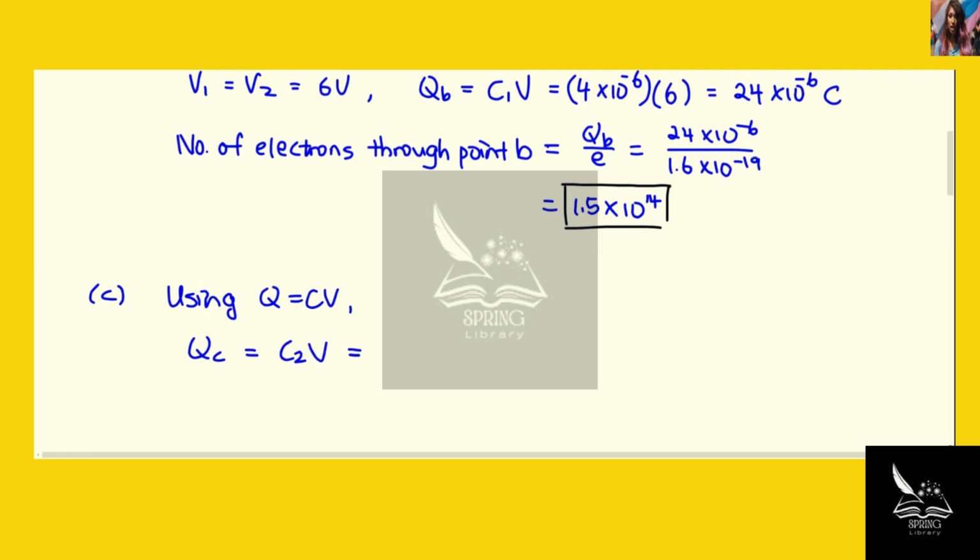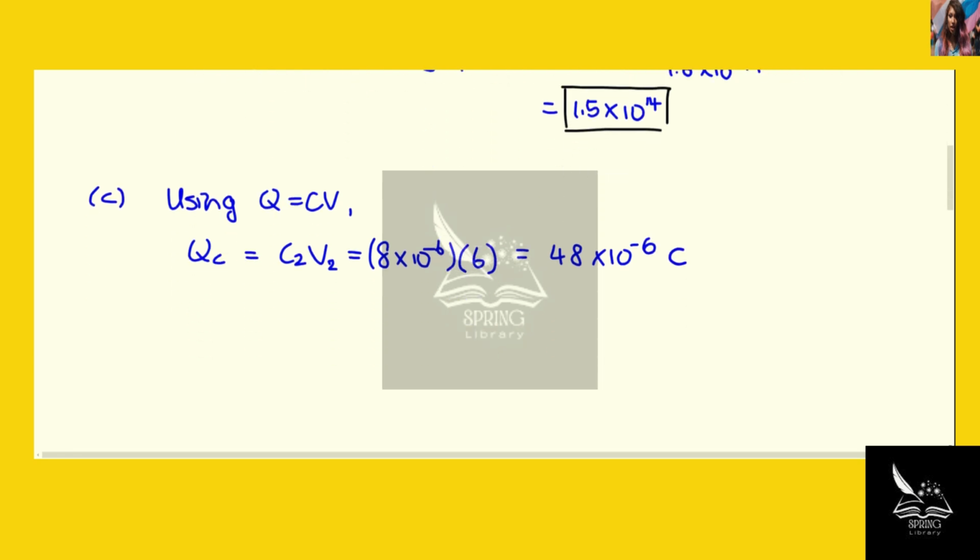C2 is 8 microfarad times 6 volts, you get 48 times 10 to the negative 6 coulomb, and the number of electrons through point C is equal to QC divided by e.